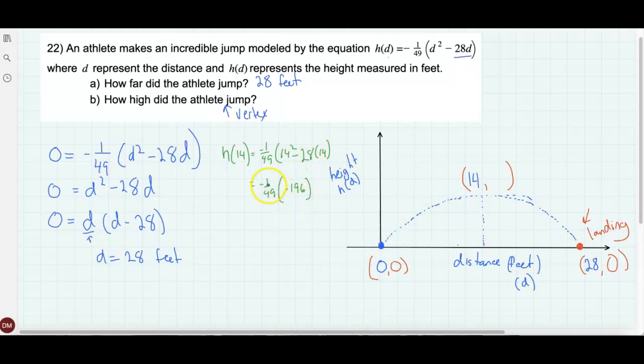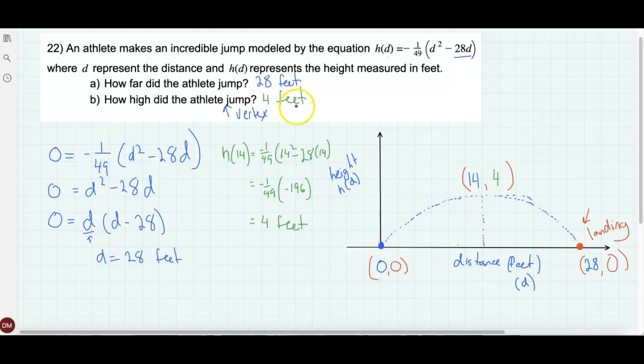I know this because I already did this before with another student. So basically it's going to be positive, and if you divide that by 49, or multiply it by 1 over 49, it's going to be 4. So 4 feet high. This is the maximum height here, 4 feet.